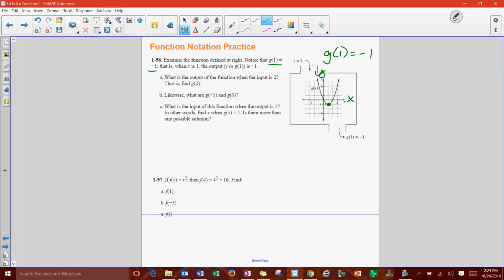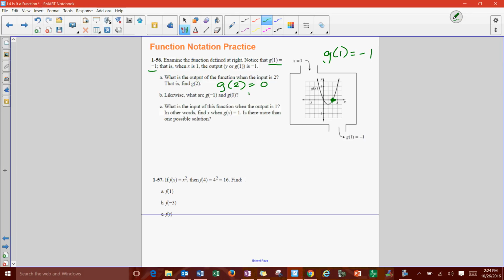So let's go through some of this. What's the output of the function when the input is 2? Okay? So when the input, or in other words, x equals 2, that's right here, right? So what's the output? What's the y value? That should be 0. So therefore, g of 2 is equal to 0, okay? So now let's find g of -1 and g of 0.